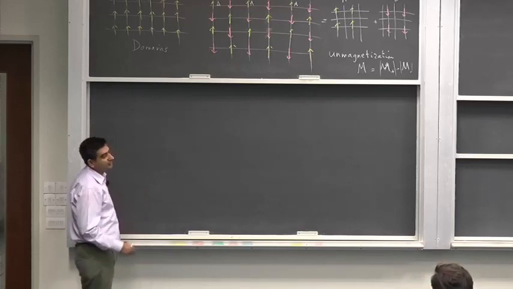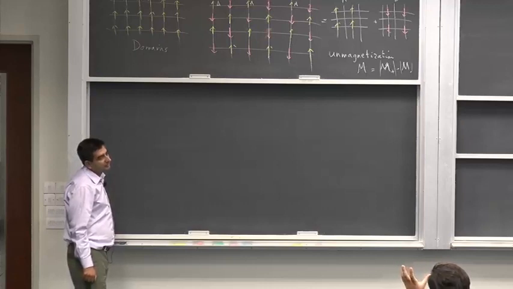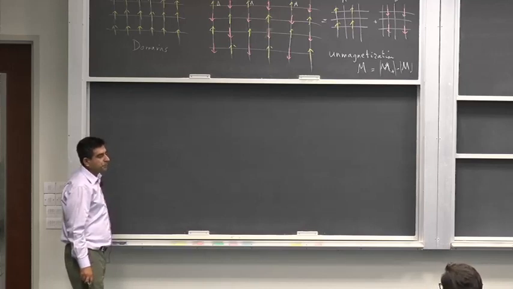Domain is a particular word. So these two lattices, here the density of the final lattice will be different from the two constituent lattices. It has a different number of moments per unit volume.